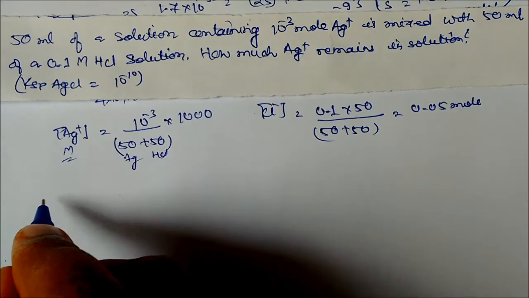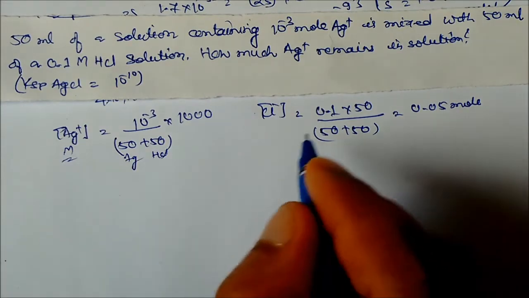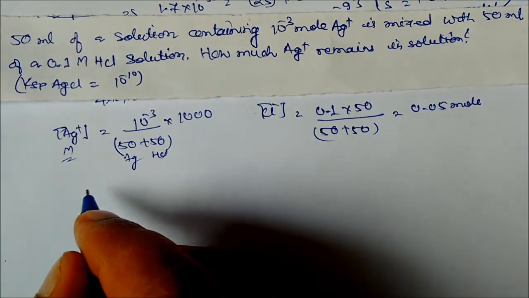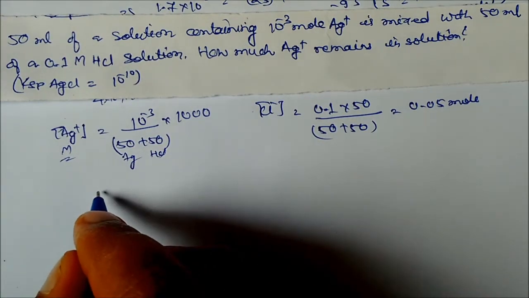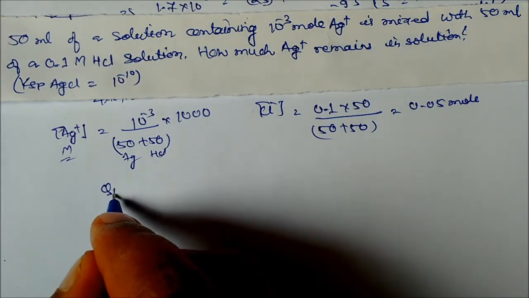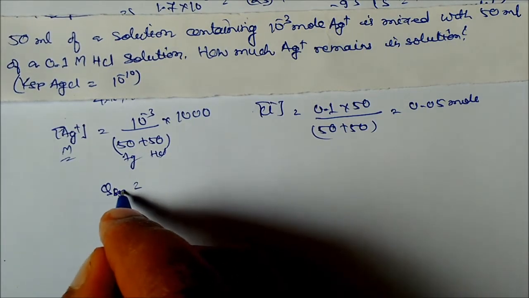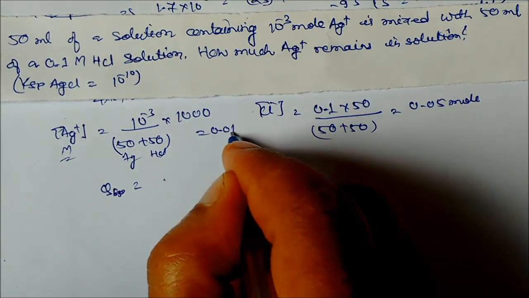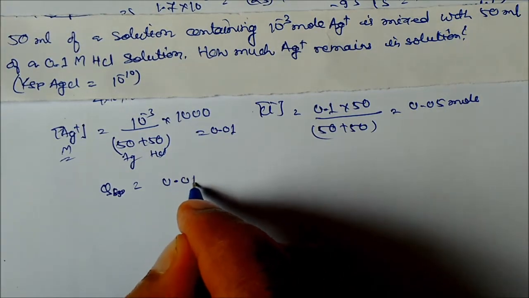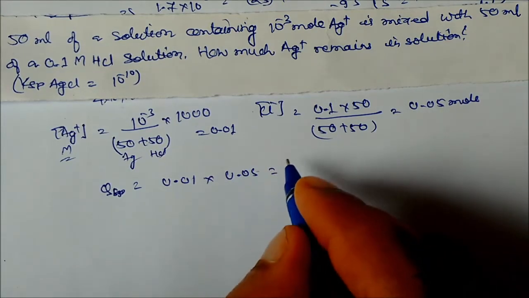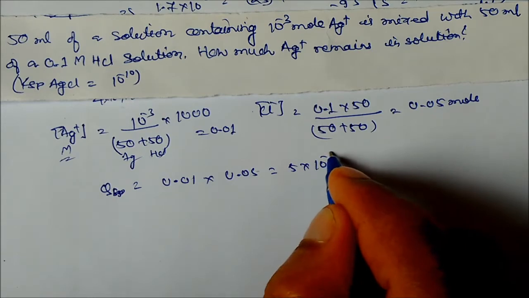Now we find the Ksp. Ksp is given, so what will be the Qsp? After solving, Q will be the concentration of Ag+, which is 0.01 mole, multiplied by 0.05, so we will get 5 into 10 to the power minus 4.